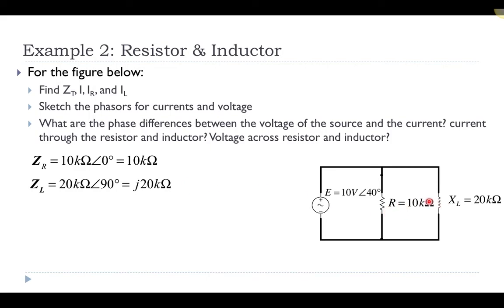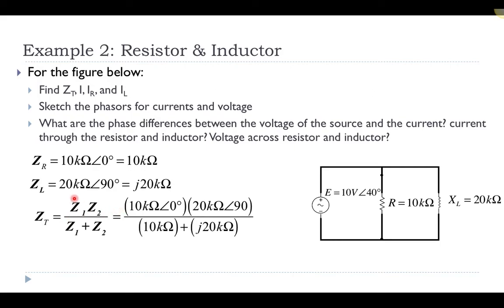Because these two components are connected in parallel, I want to determine the total equivalent impedance and it adds as a reciprocal, or specifically if I have only two components in parallel, I can multiply their impedance values and then divide by the addition, and this is a little bit easier than adding as the reciprocal, which we actually will do another example later where we add just using reciprocals.